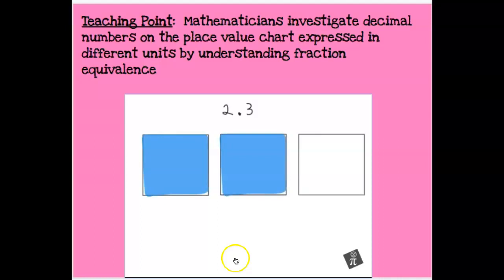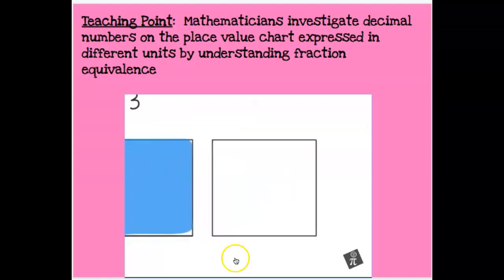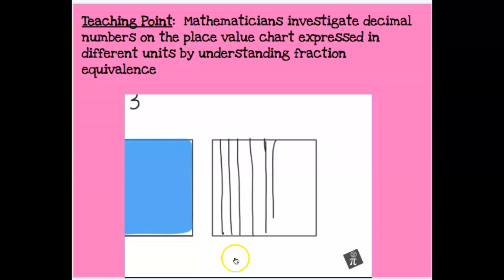But how are we going to do this 0.3? Well, the idea is I'm going to take this last one and cut it into 10 strips. So I'm going to zoom in a little bit and cut that into 10 strips. I'm going to begin by cutting it in half, and then I'm going to cut each half into 5 pieces. 1, 2, 3, 4, 5, and 1, 2, 3, 4, 5, and so there are my tenths.